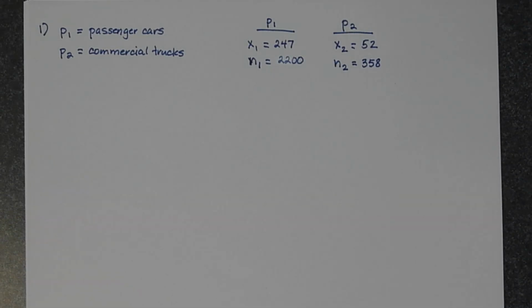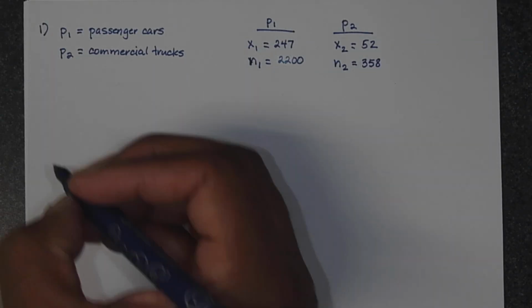So that's just a table that I'm going to use here to help me do parts A and B, and that is, in part A, test a claim using a hypothesis test. So I'm testing the claim that commercial truck owners violate laws requiring front license plates at a higher rate than owners of passenger cars.